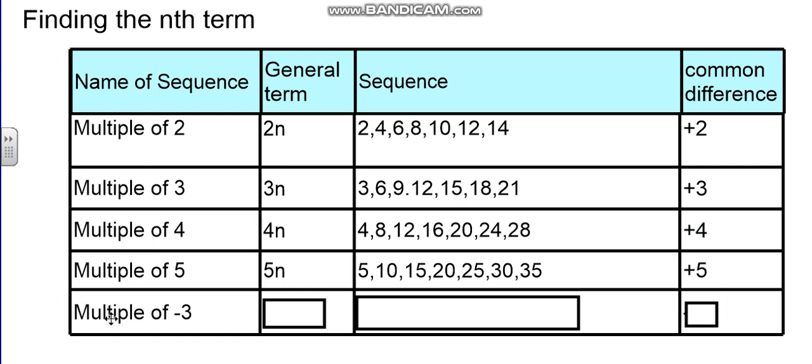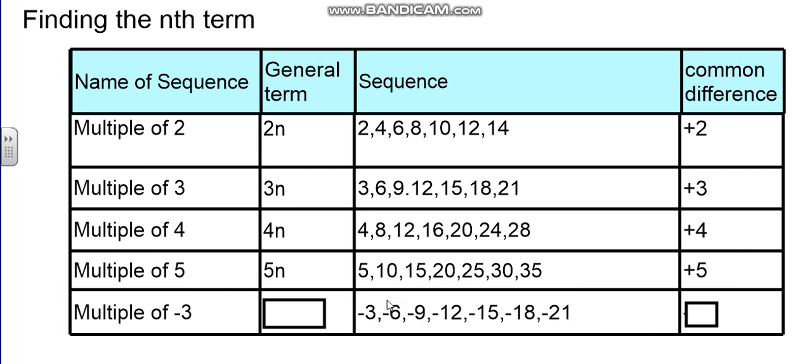Then we've got multiples of negative 3. Let's see what that looks like as a sequence to start with. That's going to be negative 3, negative 6, negative 9, negative 12, negative 15, negative 18, negative 21. That's minus 3 times 1, minus 3 times 2, minus 3 times 3.